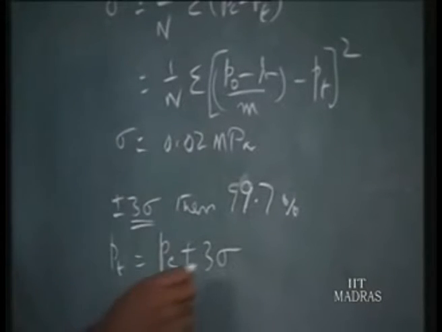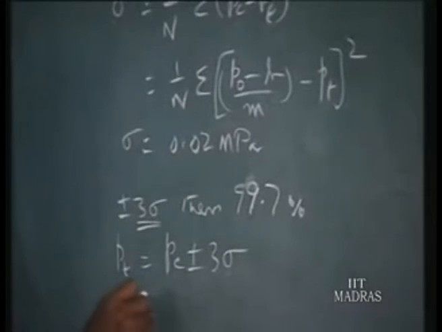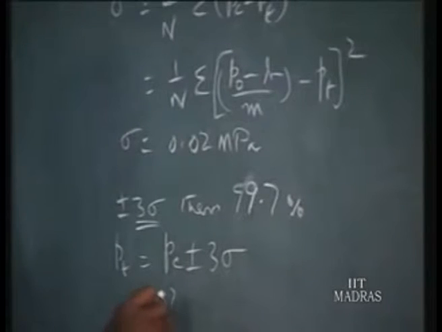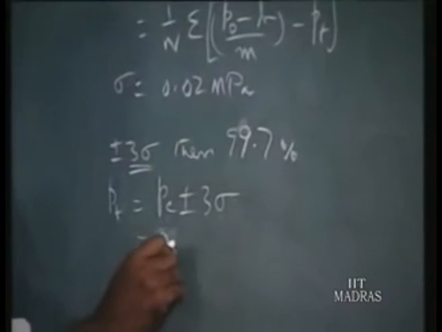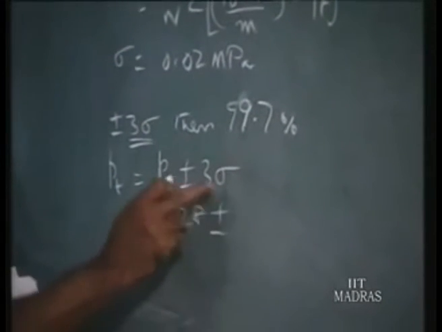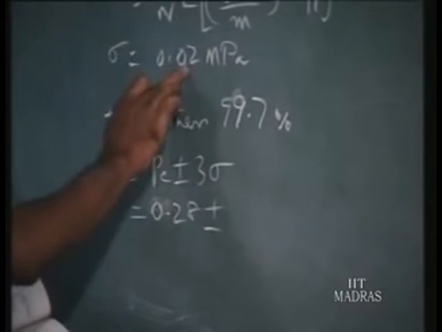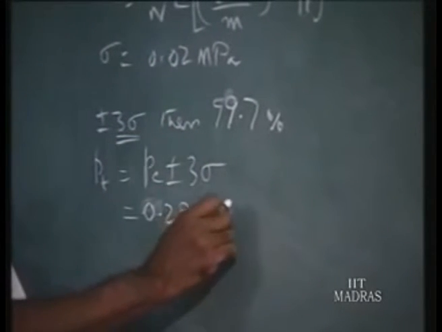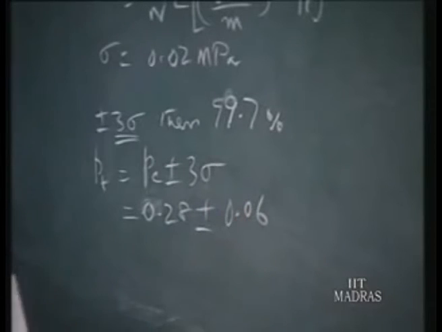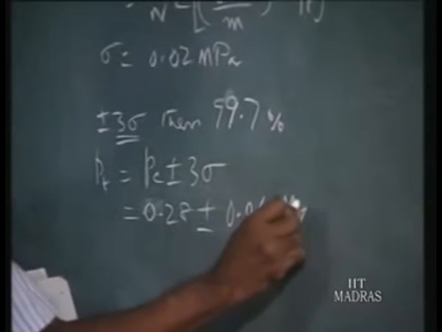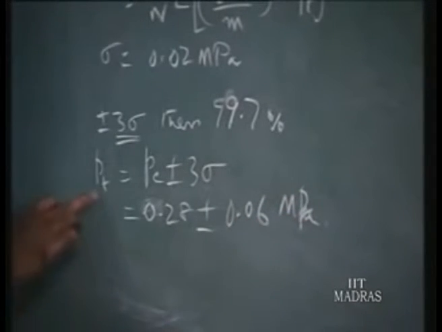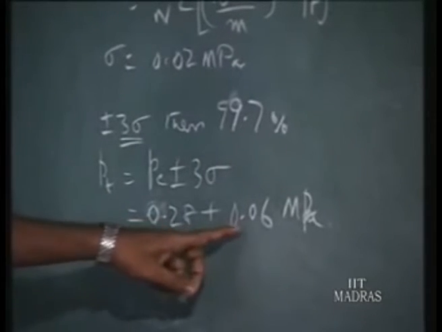So in this case Pt is equal to 0.28, which we have already calculated for one reading, plus or minus 3 sigma, that is plus or minus 3 times 0.02, that is plus or minus 0.06 megapascal. Now we find the true reading is 0.3, so that is within this limit.